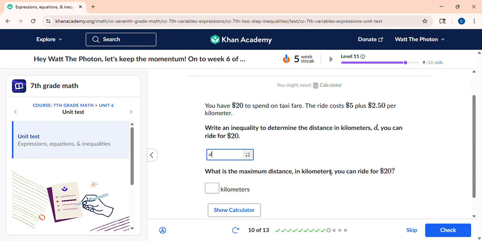So that just means D, the greatest distance, has to be, so $5 plus 2.5 D, 20 minus 15 over 2.5 has to be greater than D.